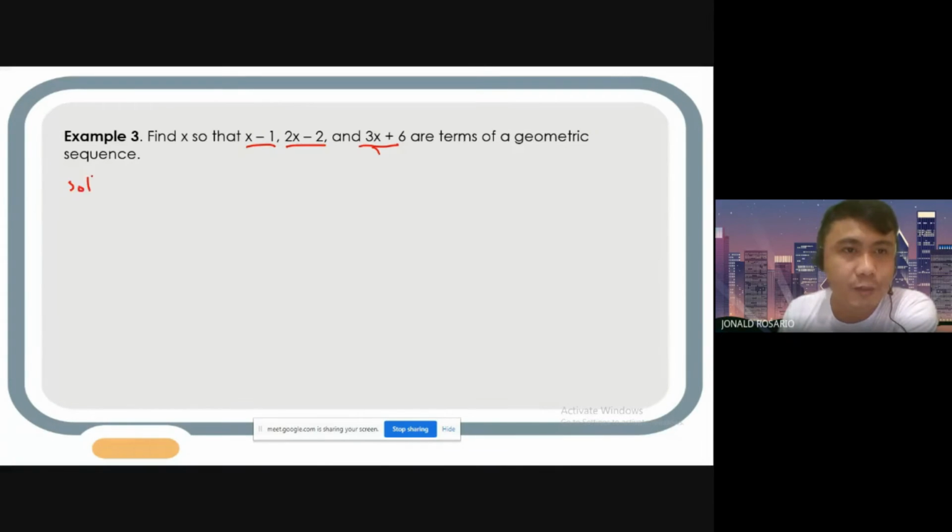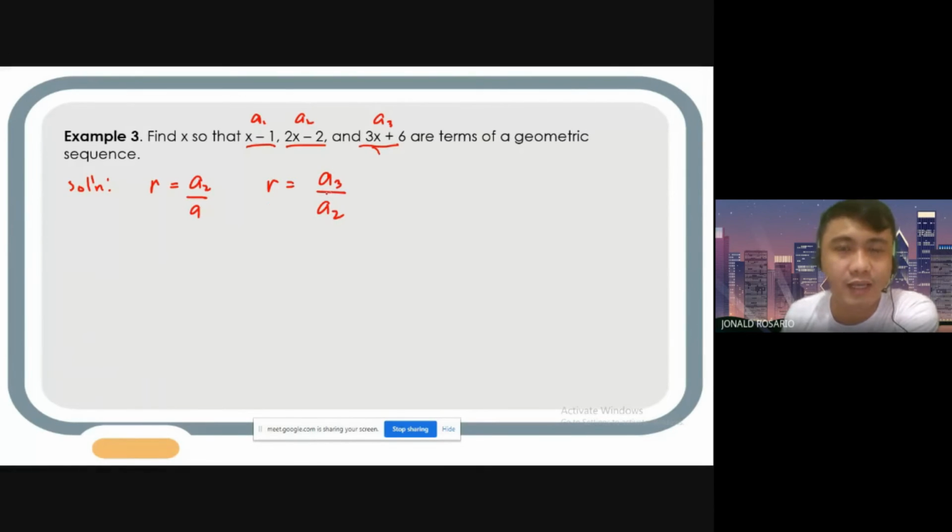Okay? So, pagka mayroon silang common ratio, ang ibig sabihin nun, ito yung a sub 1, a sub 2, a sub 3. Pagka these terms are terms of a geometric sequence, ibig sabihin, yung r ng a sub 2 divided by a sub 1 ay parehas dun sa r ng a sub 3 divided by a sub 2.